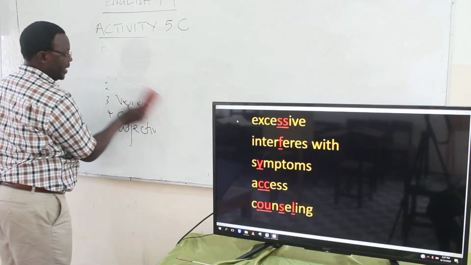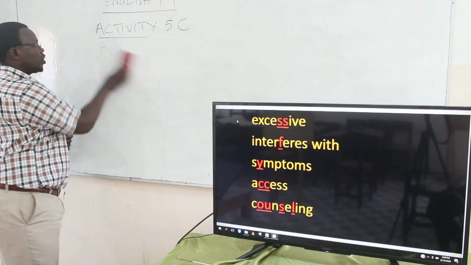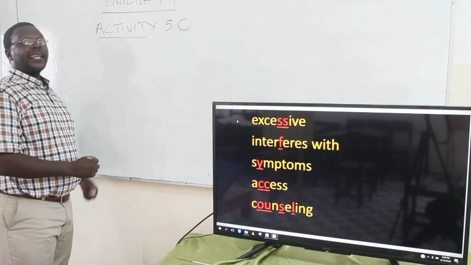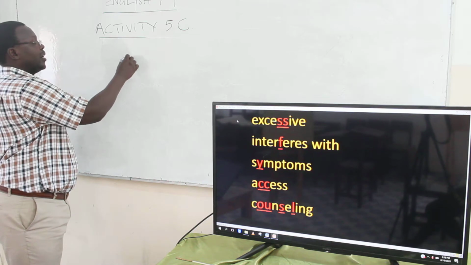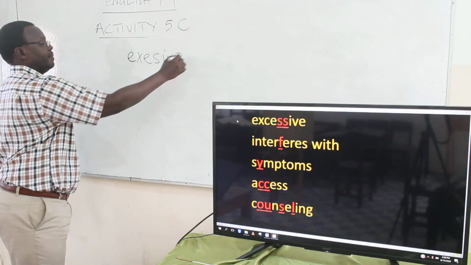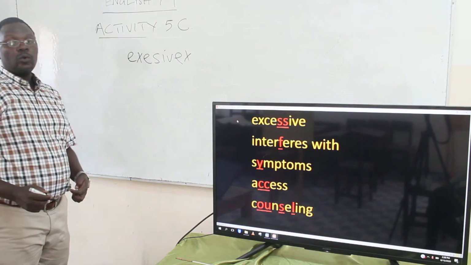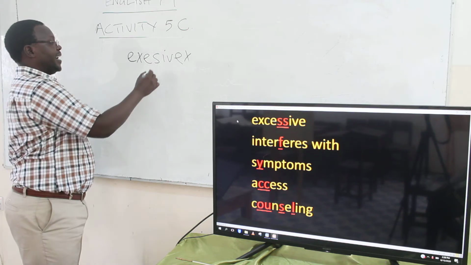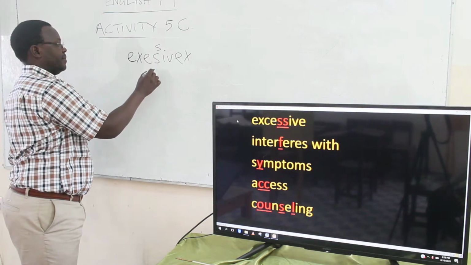I'll tell you what it means by hotspot. It is very easy for somebody to write the word excessive like this. So the hotspot is where we have the double S.